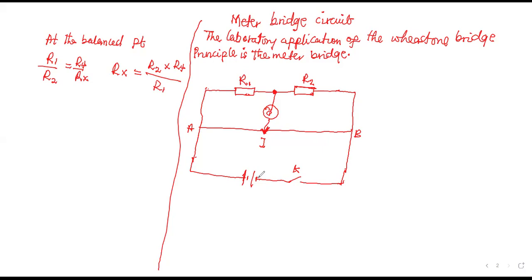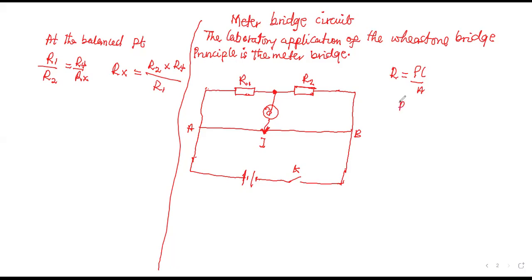Now the meter bridge circuit. So R1, R2 are here, the variable resistor. Don't forget the resistance of a conductor is rho L over A. So when you choose a certain length of the wire, it is directly proportional to a certain resistance level.